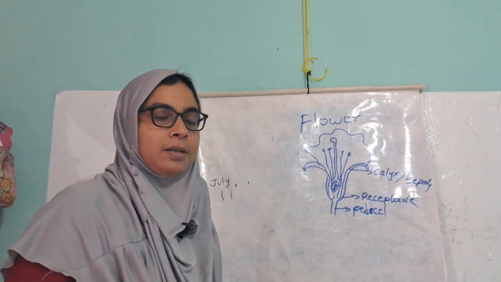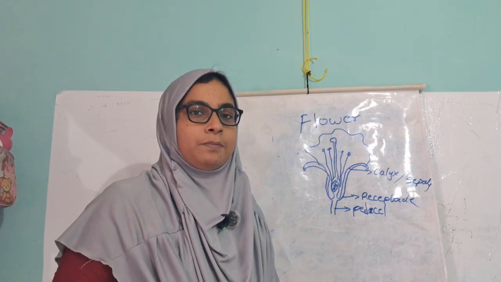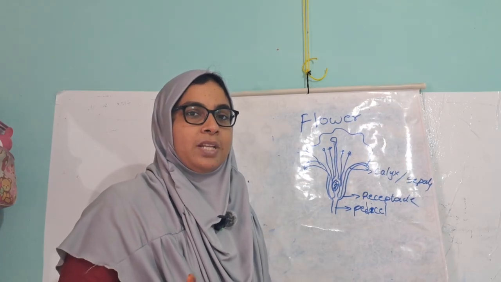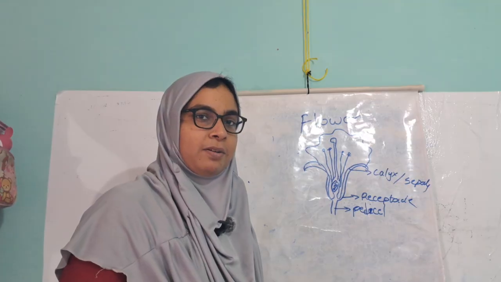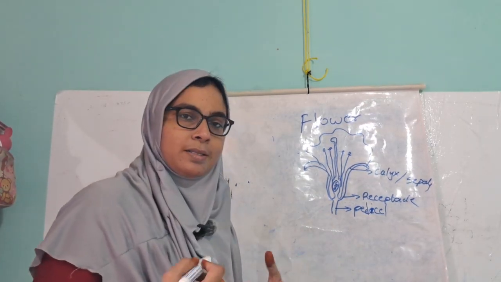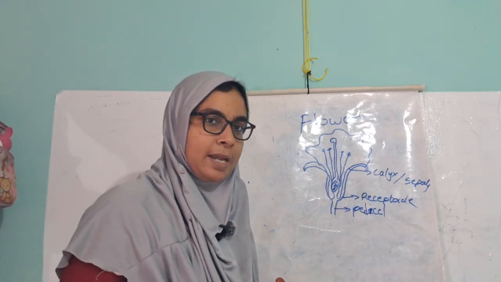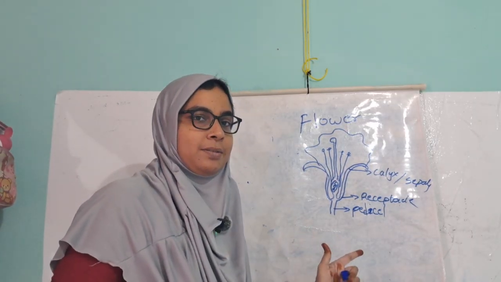When the flower is in the bud stage, they protect the bud. They may be fused or separated. This is about the calyx. Calyx means green, leaf-like structures.